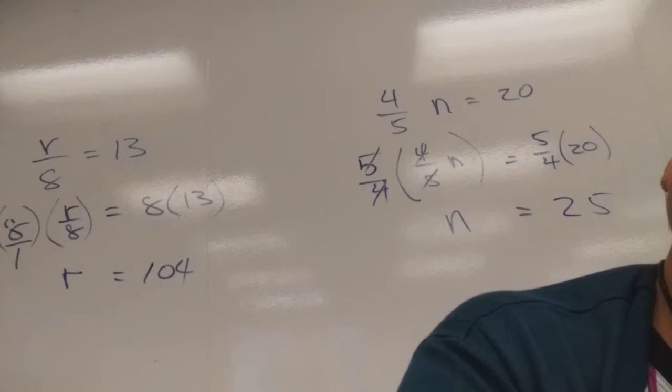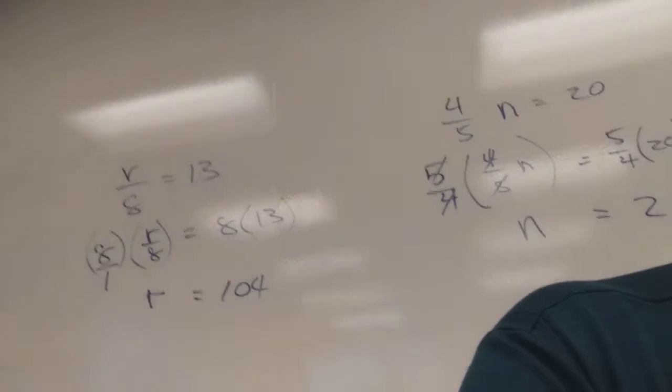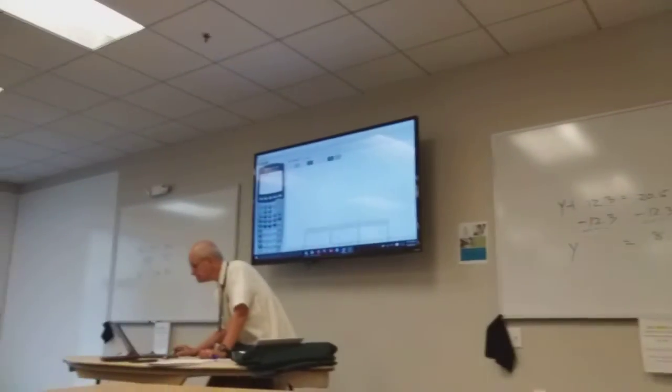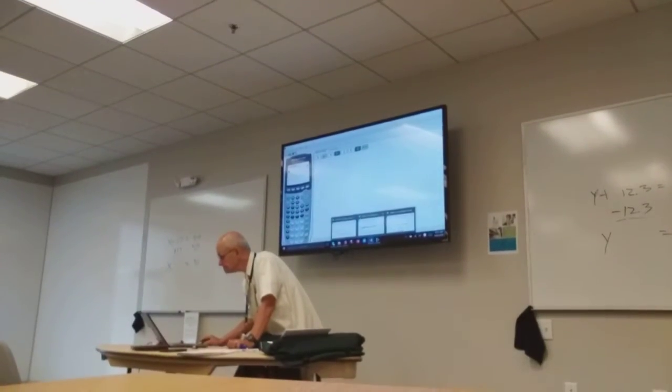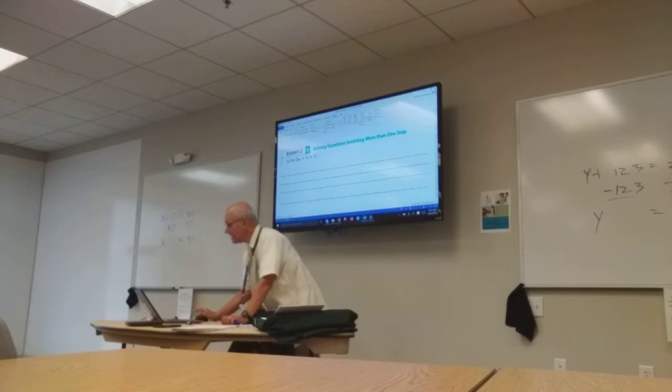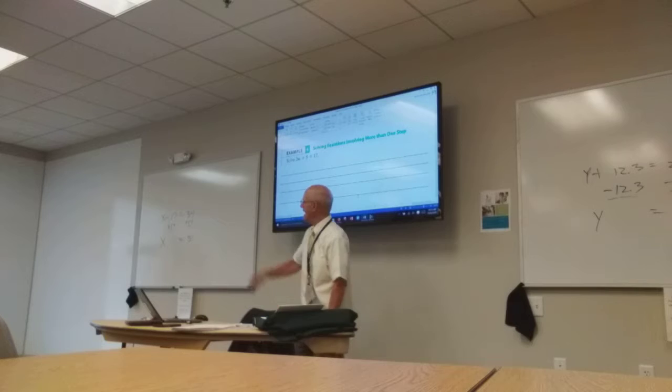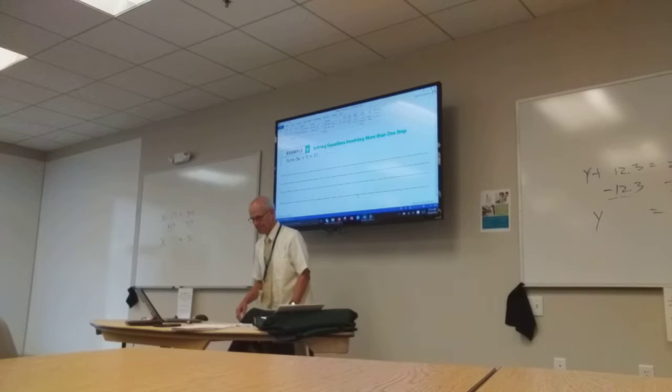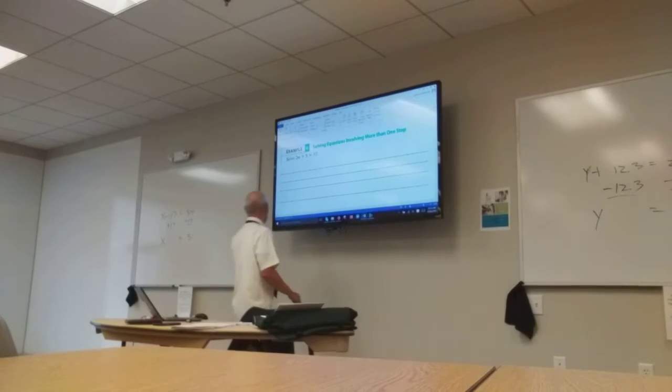So we've done 5 problems. Add, subtract, multiply, divide, and reciprocal. Solving equations that have more than one step. I'm going to erase and go back and start again. It's because I run out of room.